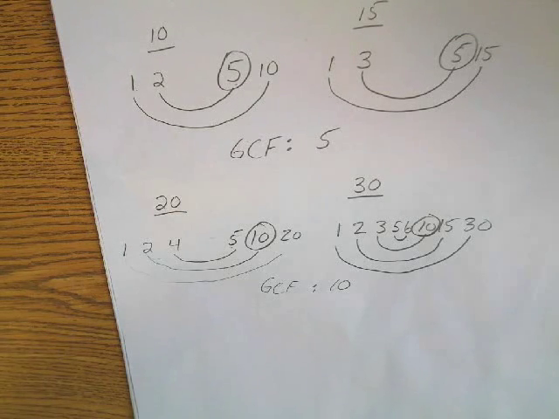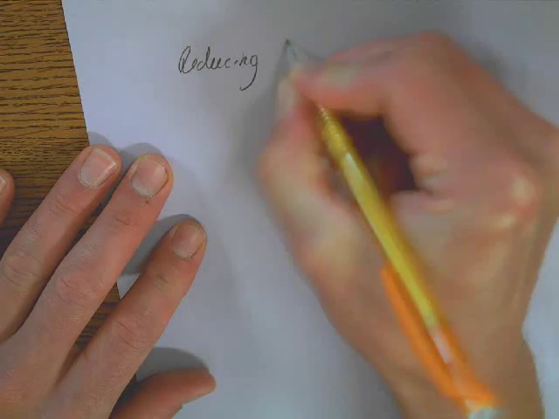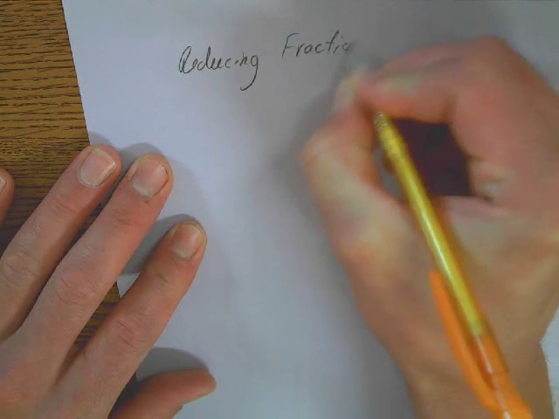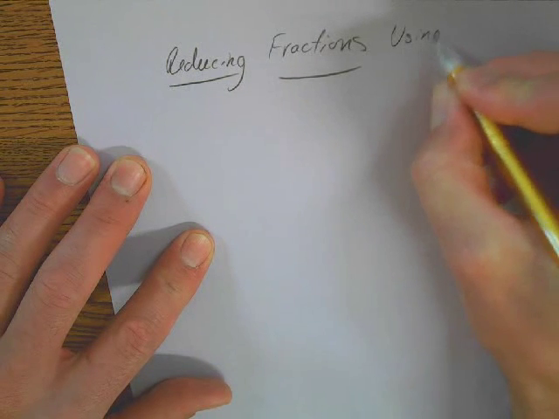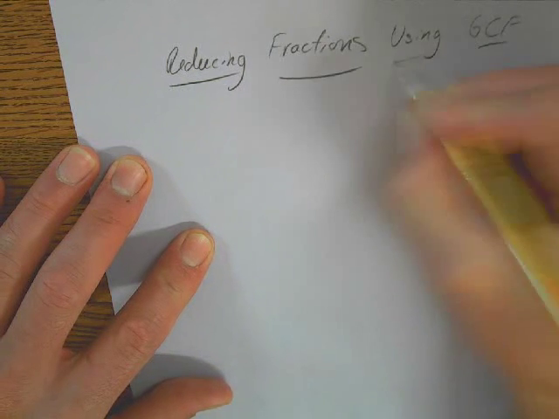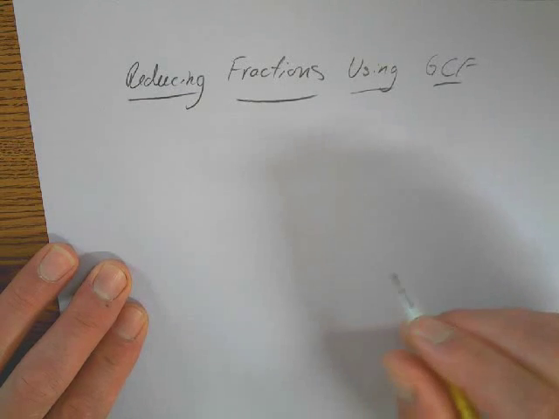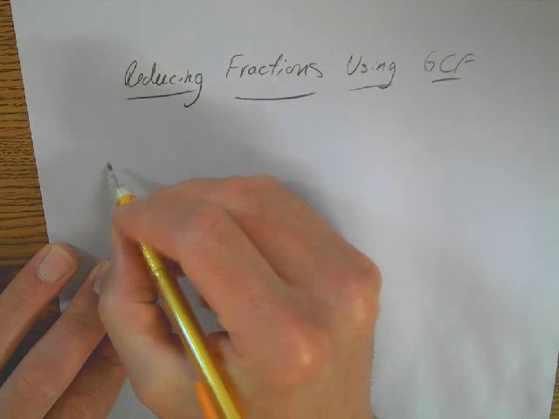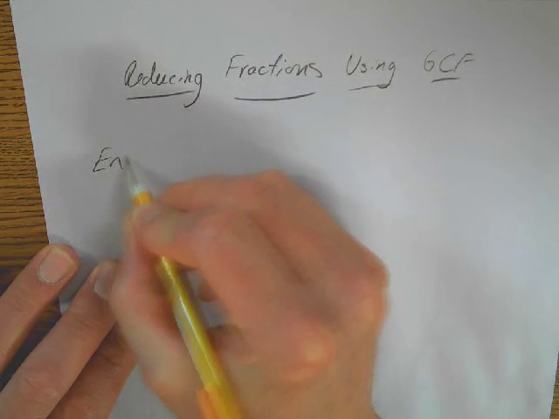So take another look here. This is reducing fractions using the greatest common factor. So let's say we have a fraction like, let's see here, let's go with 10/32.